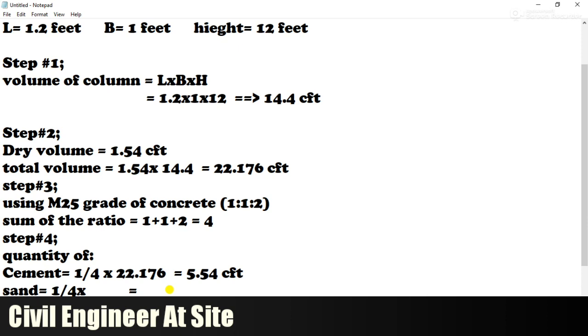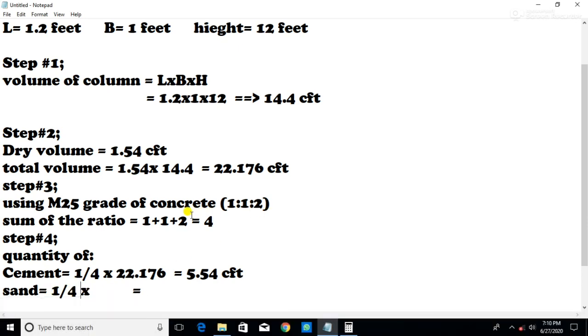Now we will find out the quantity of sand for the required column. The amount of sand in the M25 grade is 1, so we will divide 1 by the sum of the ratio, which is 4, and multiply it with the overall volume, which is 22.176.